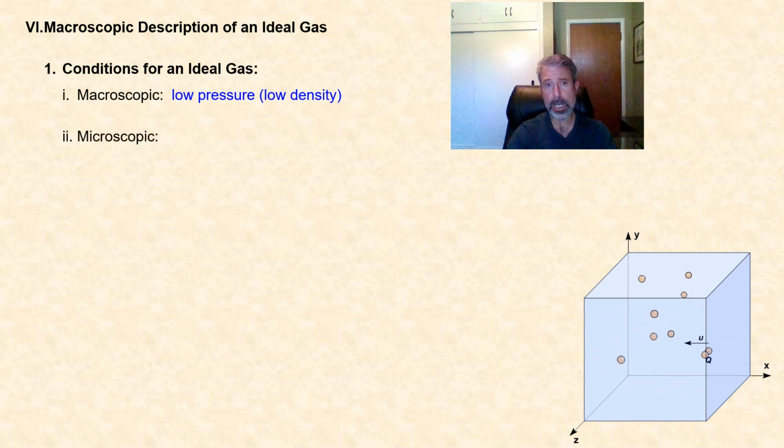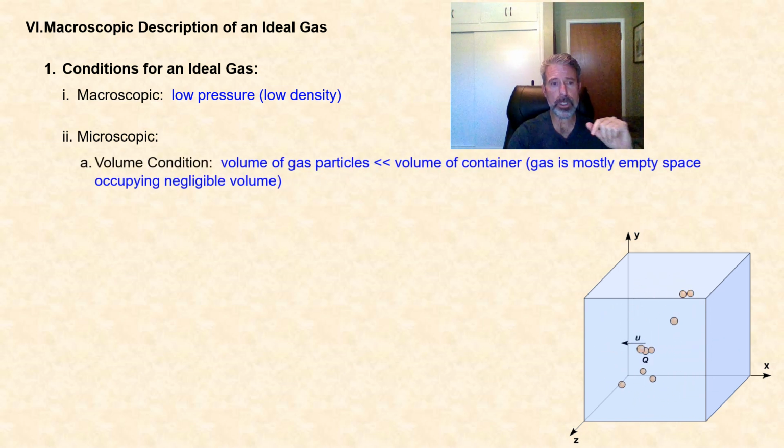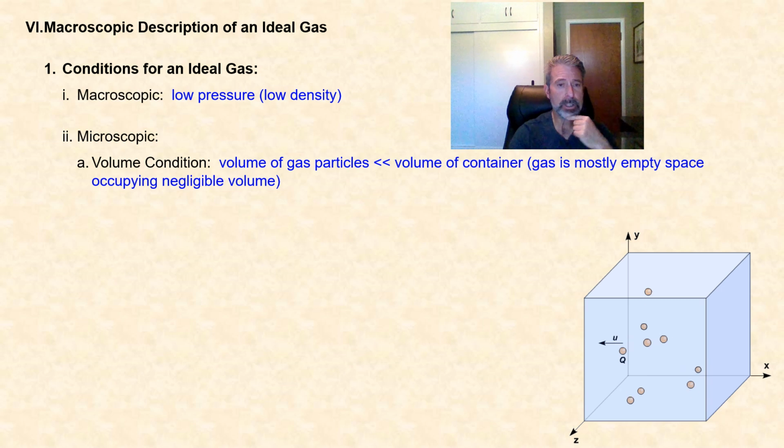Now, from a microscopic point of view, how do we describe an ideal gas? Well, there's a certain set of criteria that must be met. So we'll start by discussing the volume condition. We need to assume that the volume of the gas particles themselves is insignificant in comparison to the volume of the container they are in. So said another way, the gas is mostly empty space.